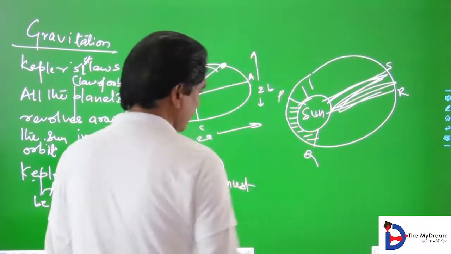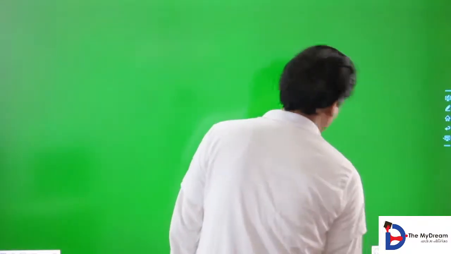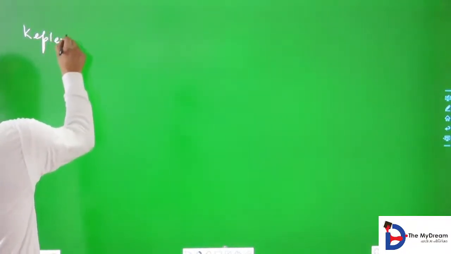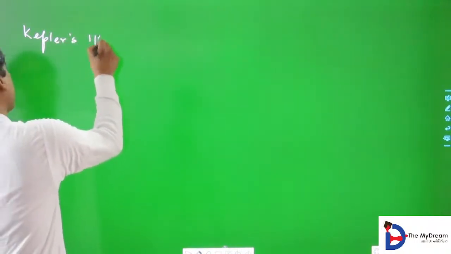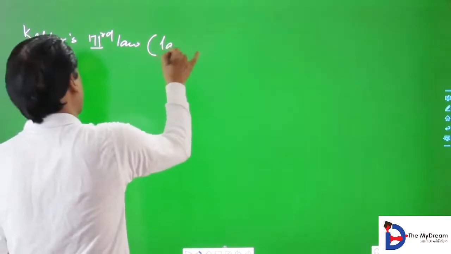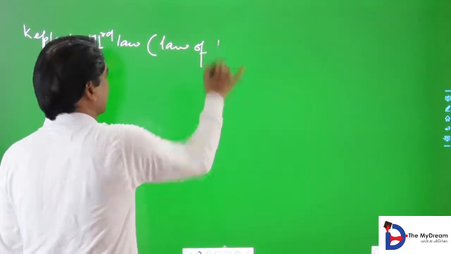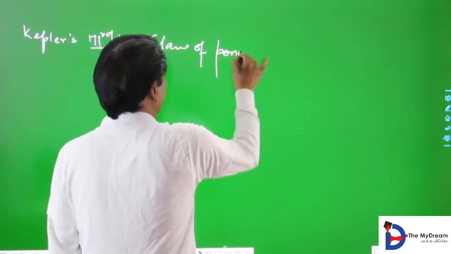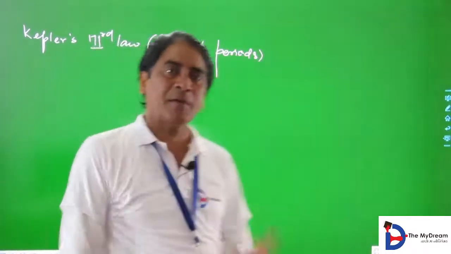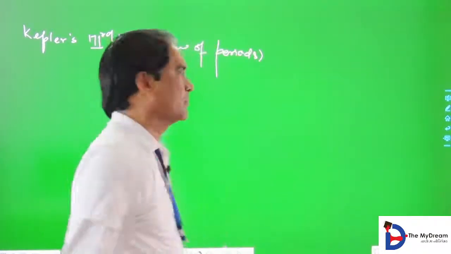Next, Kepler's third law, also known as the law of periods. The square of the time period is directly proportional to the cube of the semi-major axis.